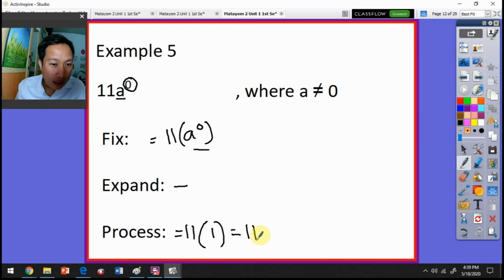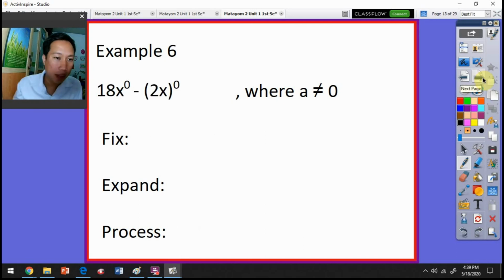The a here is the base for the exponent 0. 11 is not, because we don't have a parenthesis. We need a parenthesis so that the base will be 11a. Again, a is the base alone. That's why we need to separate them. So the exponent is 0, the base is a, and you simplify it simply.